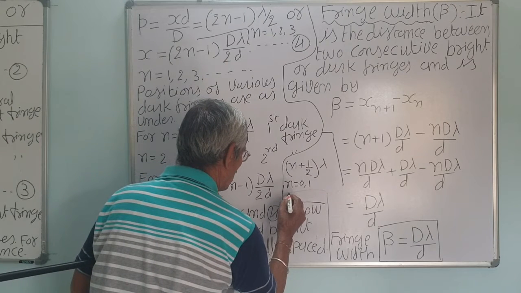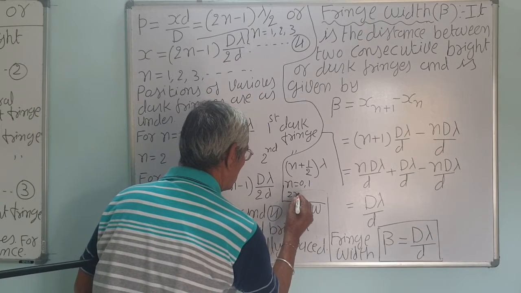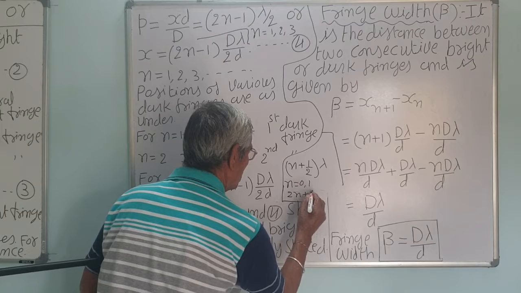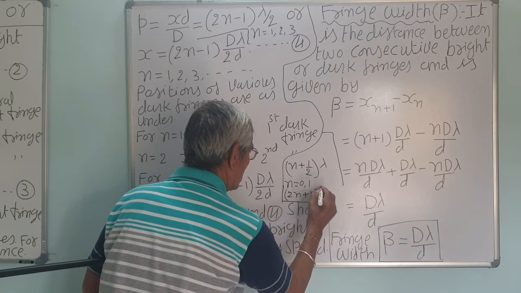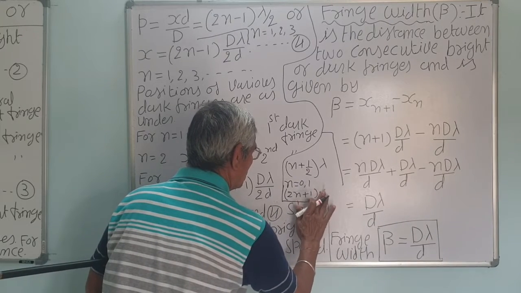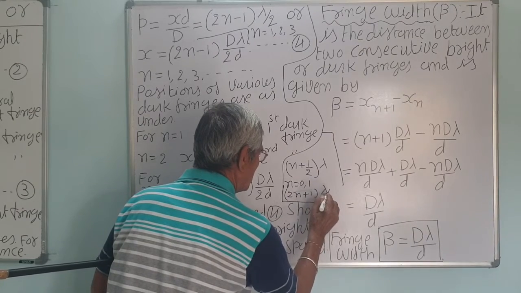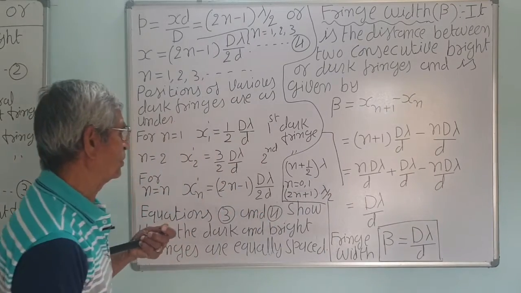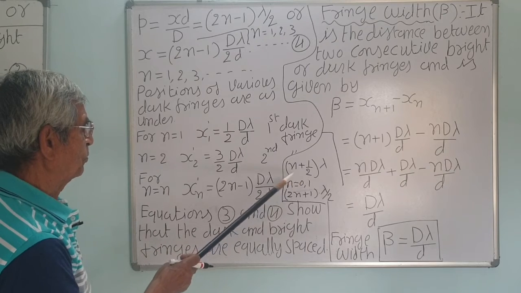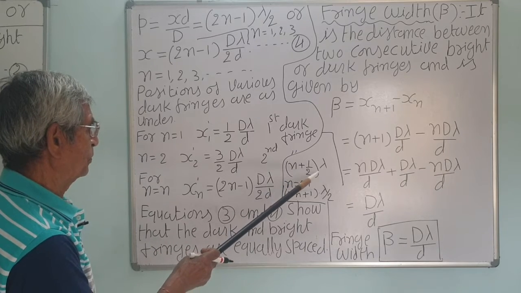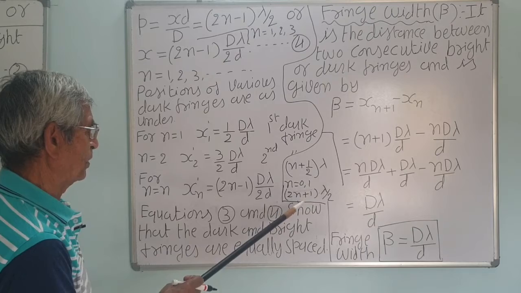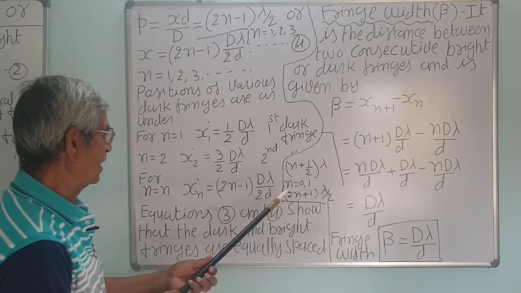If you simplify, then (2n plus 1) lambda by 2. This is also the same, it is written in a different way. You simplify: 2n plus 1 by 2, you take 2 here, so (2n plus 1) lambda by 2, but here n is 0.